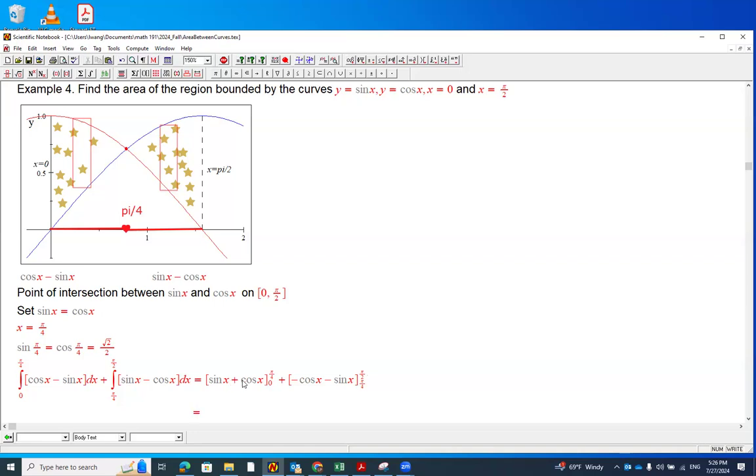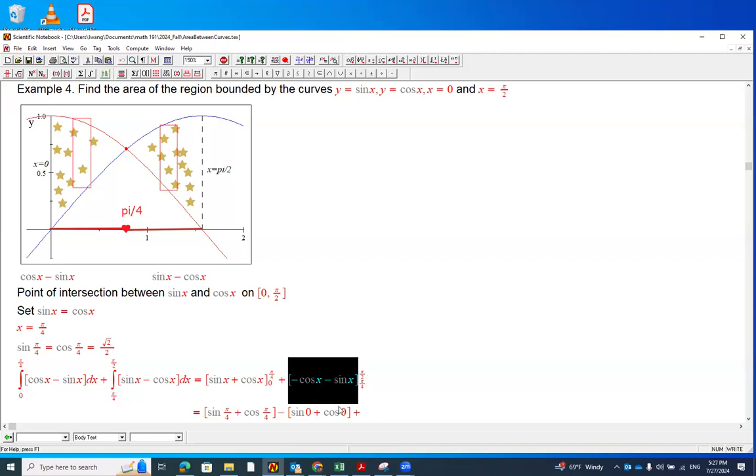So we're going to evaluate this piece, applying the fundamental theorem of calculus part 2. We plug in pi over 4 for the x's and 0 over here, plus the other piece.